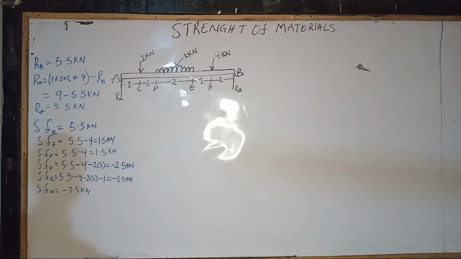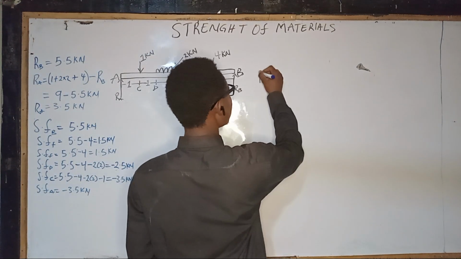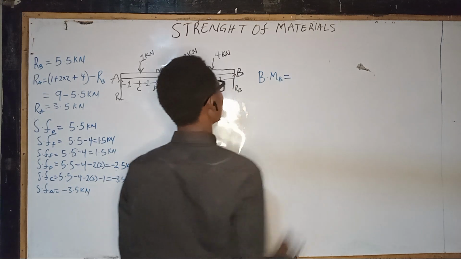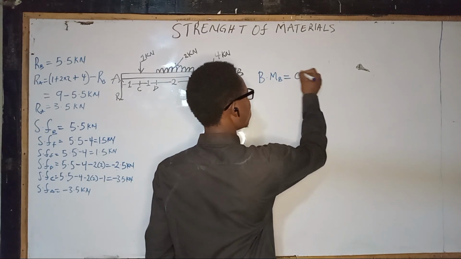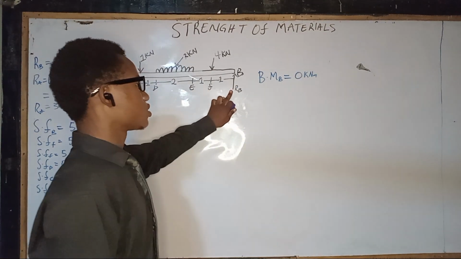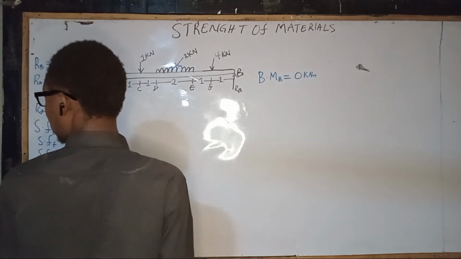So now moving on to the bending moment. The bending moment at B would be equal to 0 kilonewton meter, because there is no reaction, there is no moment acting there.